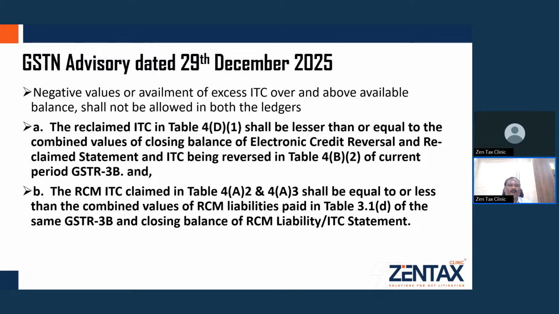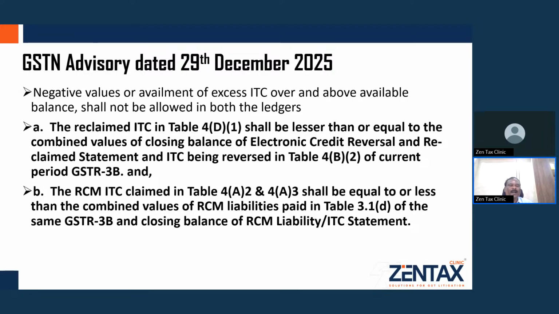So what is shown in 4D1 cannot exceed the opening balance in the electronic credit reversal and reclaim statement plus the current month reversal. More than that, you will not be allowed. The portal itself will block the excess amount. So this is an important aspect.